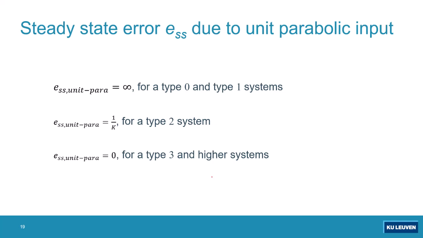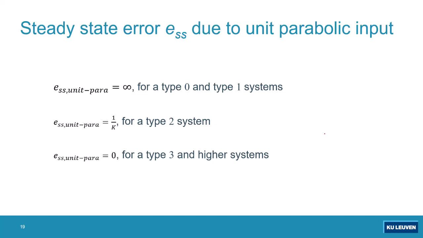So in this case, again, for type 2 system, the output of the system will be able to respond to the unit parabolic input, but it will contain some constant error when the steady state condition has been reached.